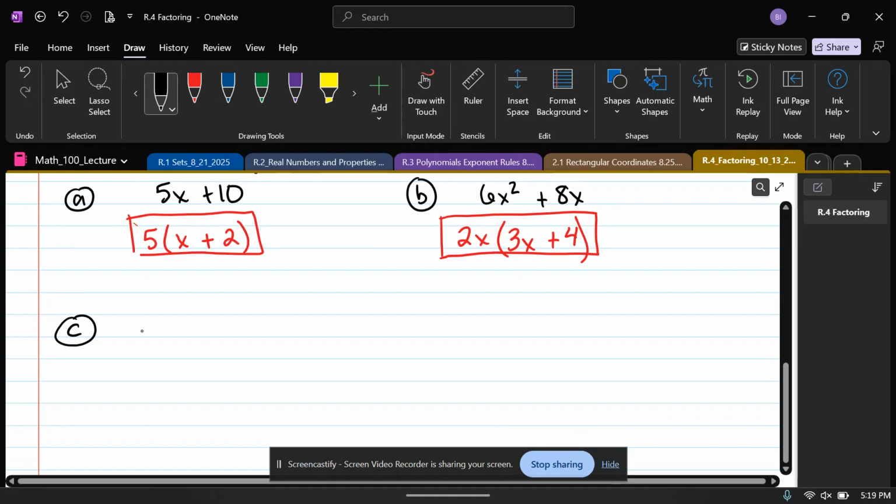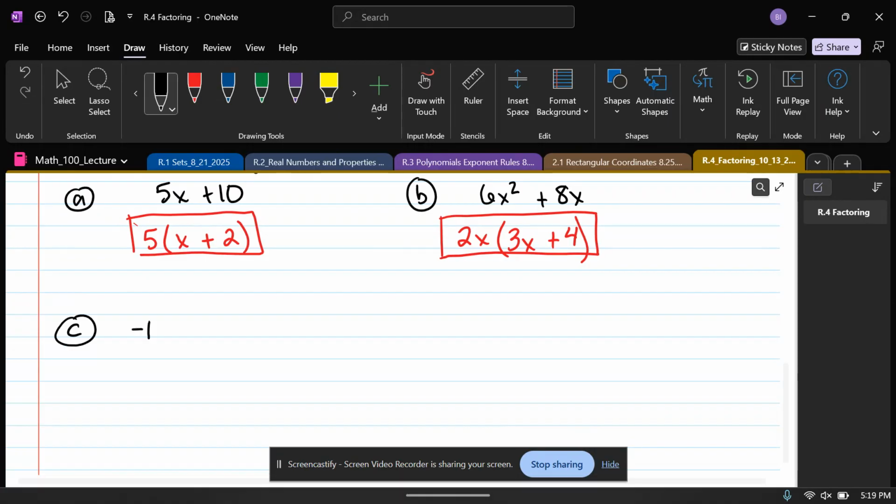All right, let's do this one. Negative 15x squared plus 10x cubed. What do we notice about this one? It's not in order. So let's put it in the right order: 10x cubed minus 15x squared. It doesn't mean I can't factor it when it's in the wrong order.